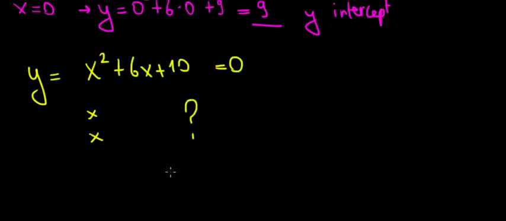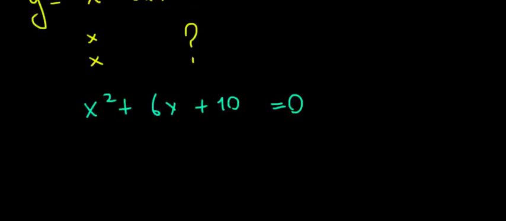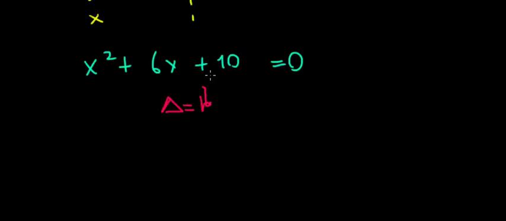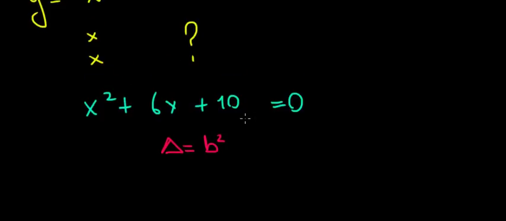So let's write it again. x squared plus 6x plus 10 equals 0. Let's solve it with delta. Delta equals b squared minus 4ac. Now let's put the values here.